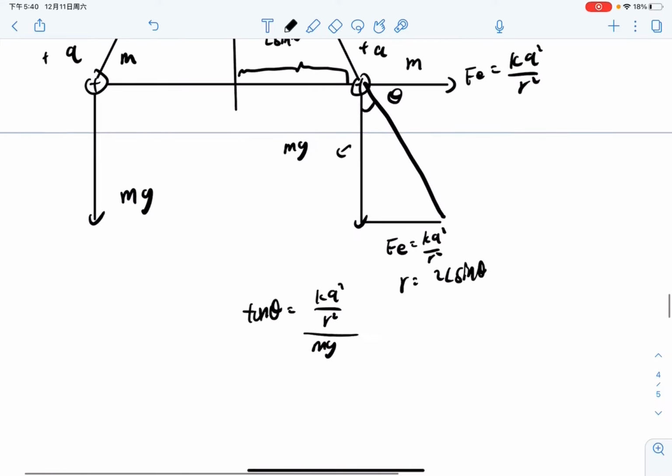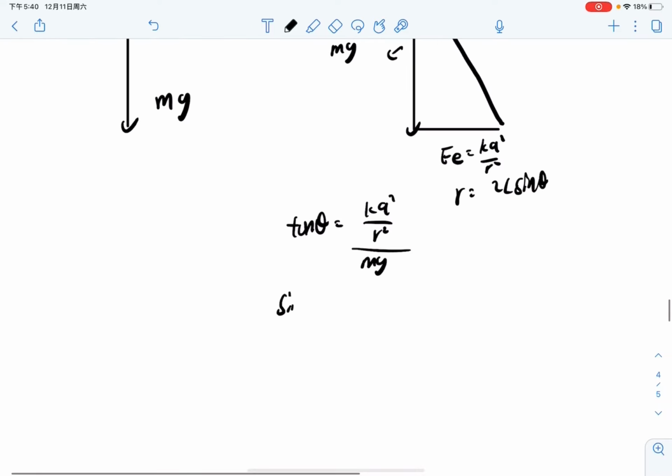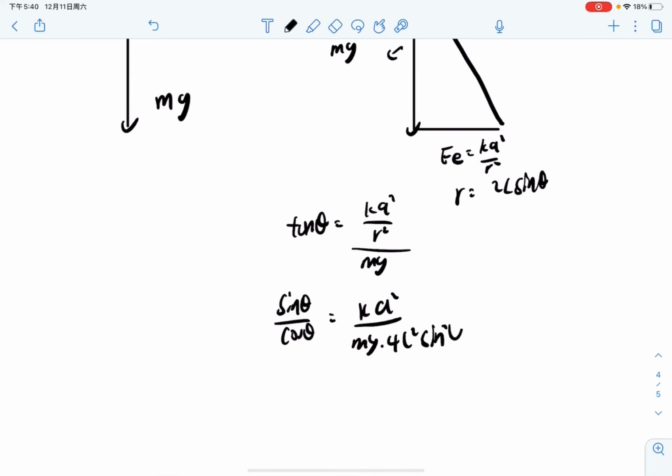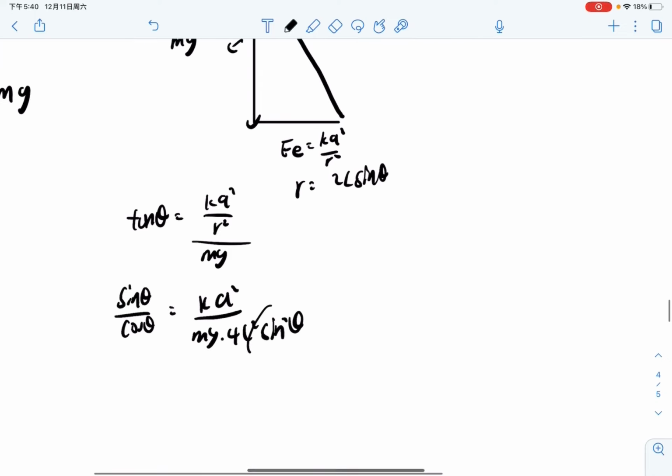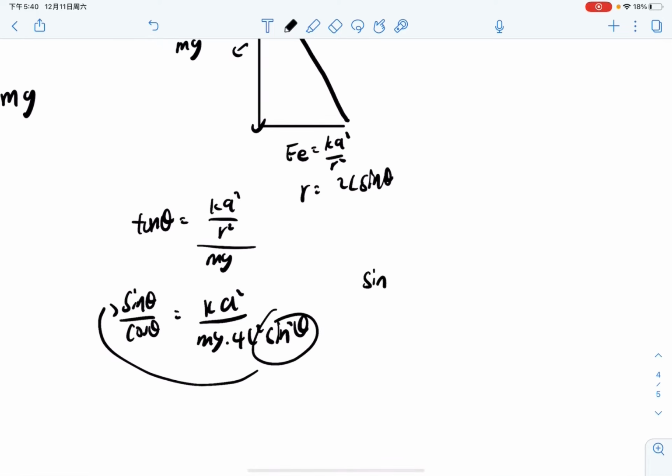So plugging in, you can see sine theta divided by cosine theta is equal to kq squared divided by mg times 4L squared times sine theta. And you move sine theta to the left side, and you can see sine over cosine is equal to kq squared divided by 4 mgL squared.